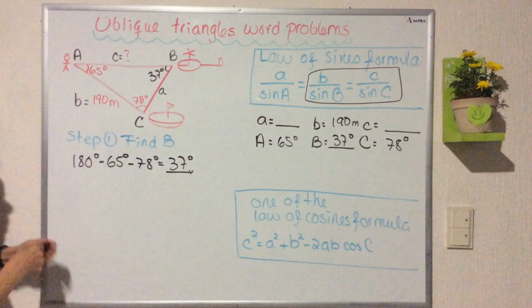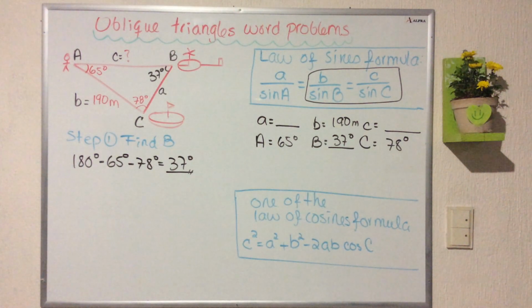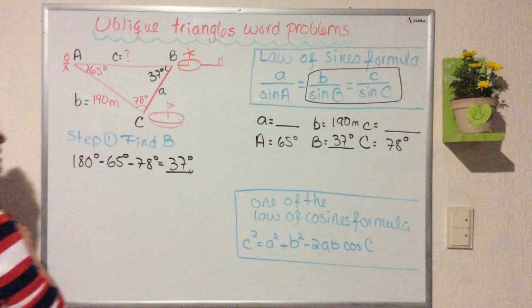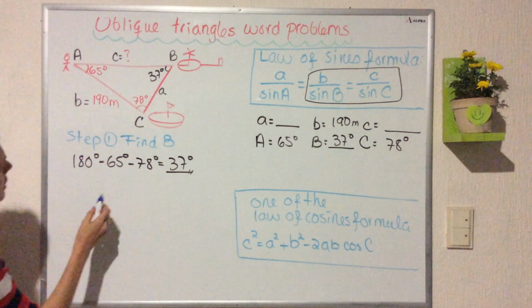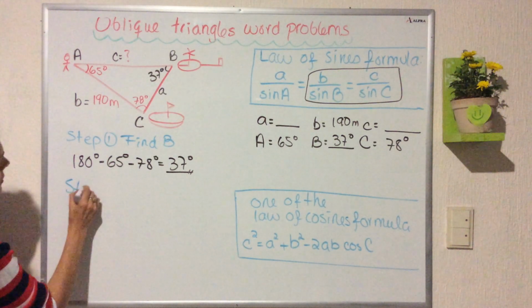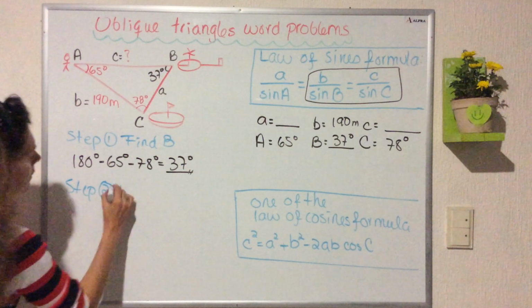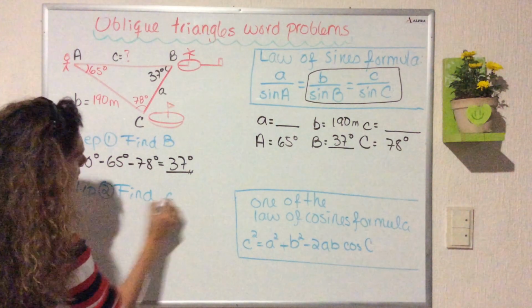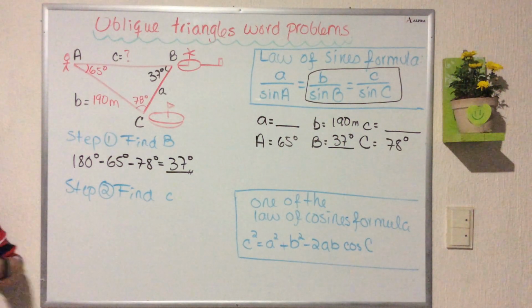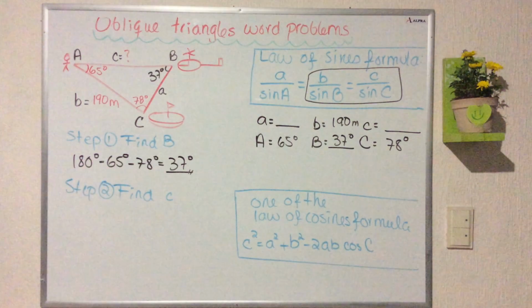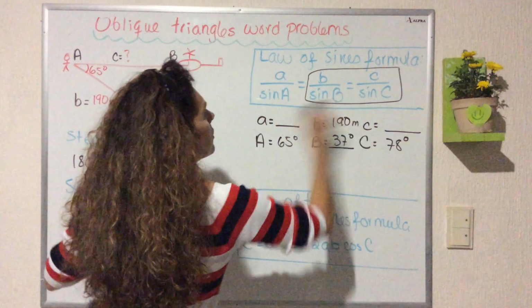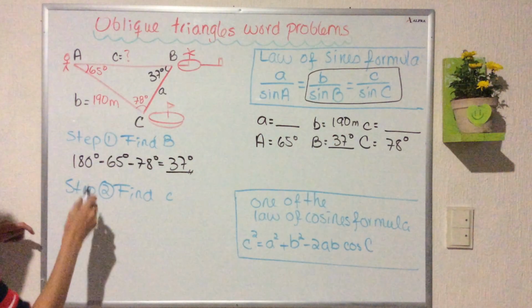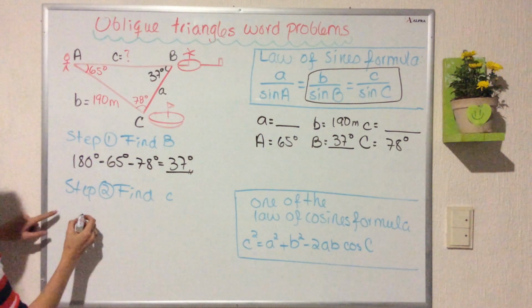So, step number 2, dear students. We are going to find C, the lowercase letter C, which is the measure of the side from you to the helicopter, the distance. Step 2, find C. And I'm going to use the law of sines formula, but just with these 2 terms, okay? So we have B. Do we have B?